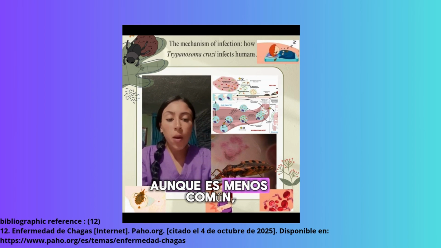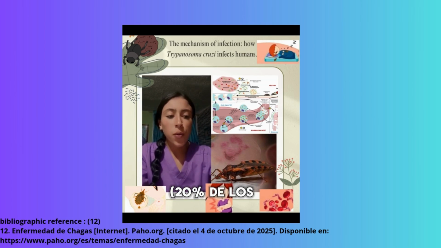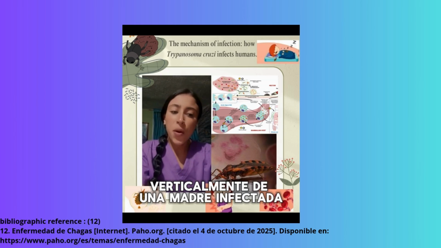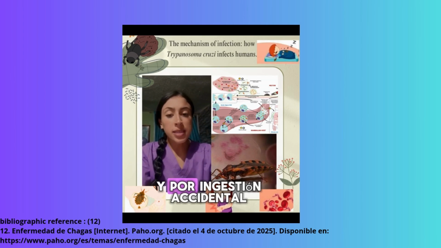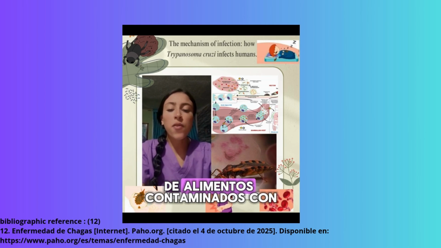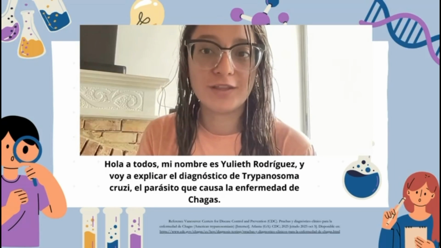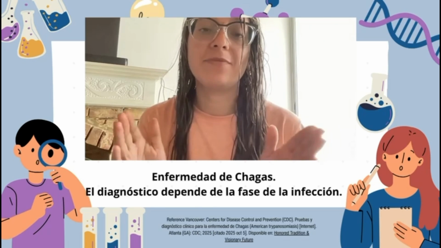Though less common, T. cruzi can also be transmitted through blood transfusion, organ transplants, vertically from an infected mother to her child during pregnancy, and accidental injection or food contaminated with T. cruzi.